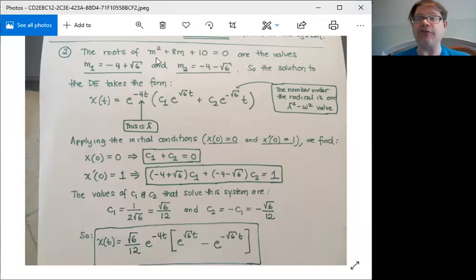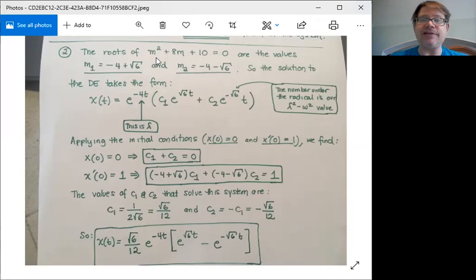That quadratic equation has 2 real roots, and we knew they were going to be real because of our earlier analysis. They turn out specifically to be -4, that's negative lambda, plus or minus the square root of the difference of those squares. Remember, just a minute ago, we found that the difference of the squares was 6. So negative lambda plus or minus the square root of lambda squared minus omega squared. Here, that's -4 plus or minus the square root of 6.